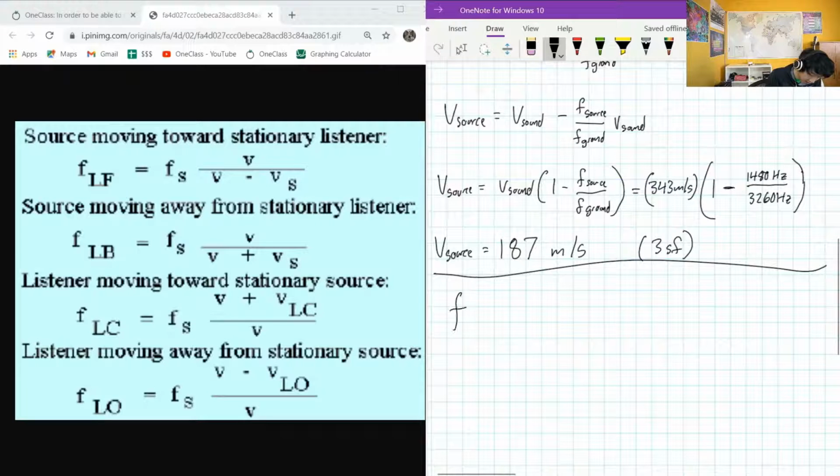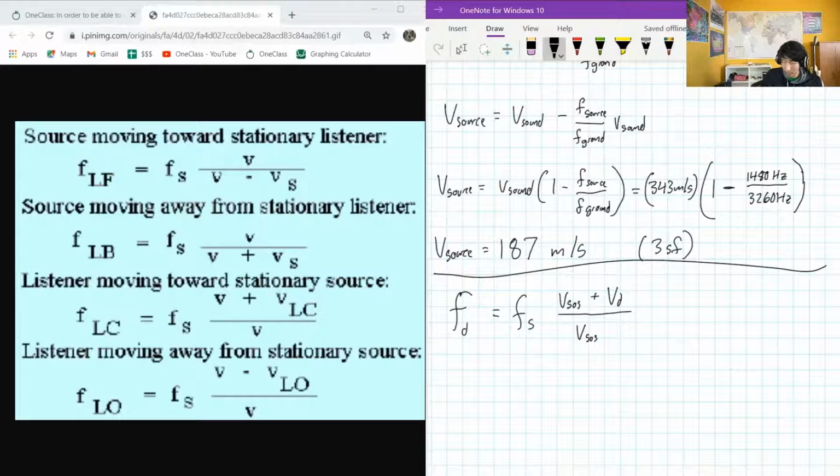So the equation that we want to start off with is listener moving towards stationary source. So for the listener, let's just call that F D for diver, is equal to the F of the source times the speed of sound plus the velocity of diver, all divided by the speed of sound.